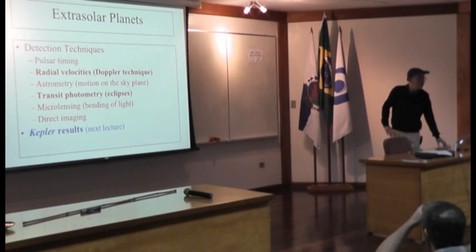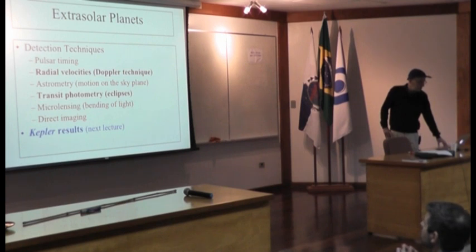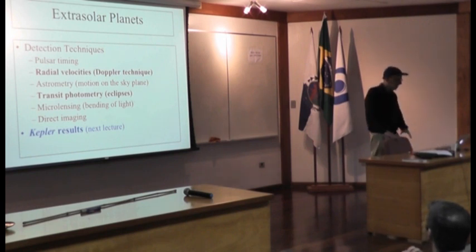I will go through the techniques. The first one to be successful was pulsar timing in the early 1990s. Then the one that really opened up the field, because it led to the discovery of planets around regular stars, not just dead stellar remnants, is the radial velocity or Doppler technique.